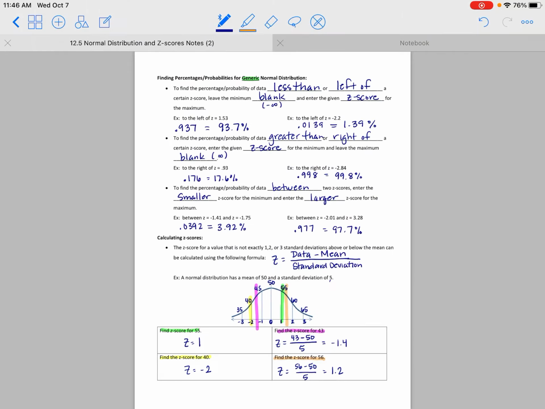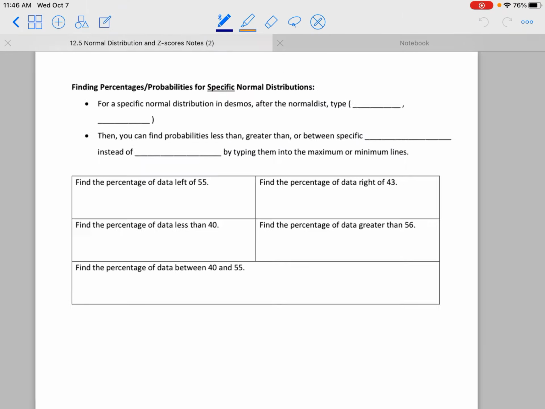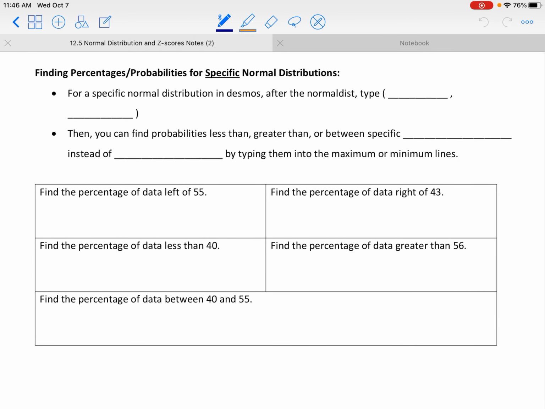Okay, so let's go one more example here. If my data is specific, so if I actually know a standard deviation and I know a mean, I can find the percentage of data left of, right of, or between anything in that case too.